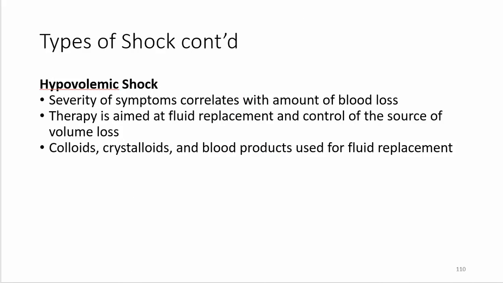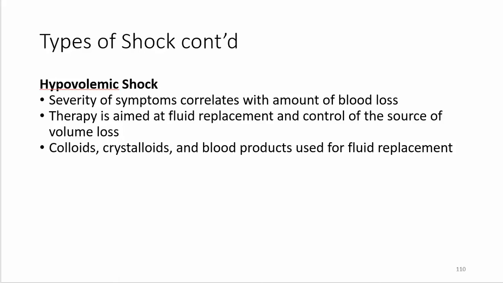So a little bit of loss will lead down this path. More loss increases the severity of these symptoms. So really, what are you going to try and do? You're going to try and do fluid replacement and control the source of volume loss. So sometimes people are hemorrhaging internally. Spleen is ruptured and bleeding. So that takes a surgical repair.